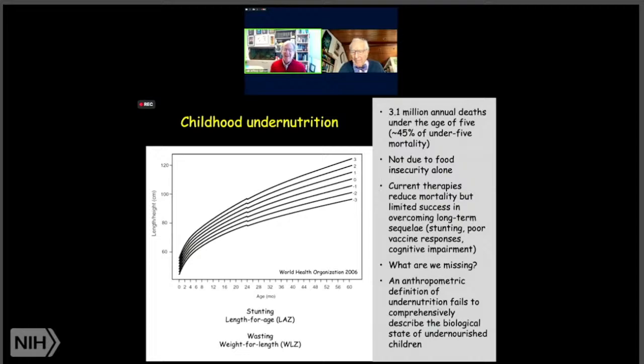So we can define stunting as a length for age score that is a certain number of standard deviations below. Moderate stunting, 2 to 3 standard deviations below the median for this reference healthy cohort.